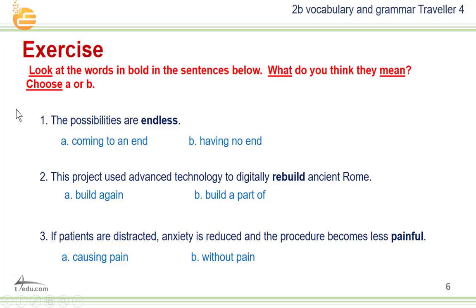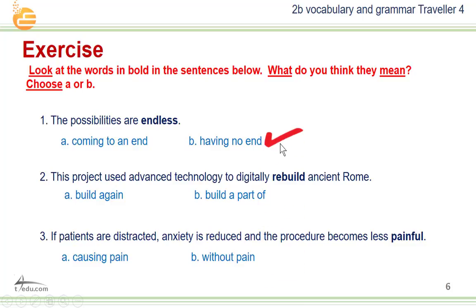Exercise. Look at the words in bold in the sentences below. What do you think they mean? Choose A or B. The possibilities are endless. So the word in bold is endless. What does less mean? Not having. So endless. Does it mean coming to an end or having no end?